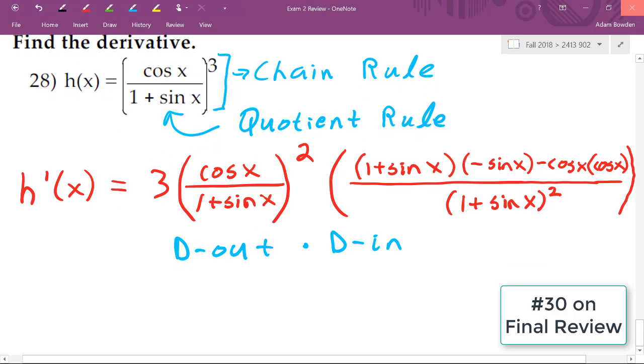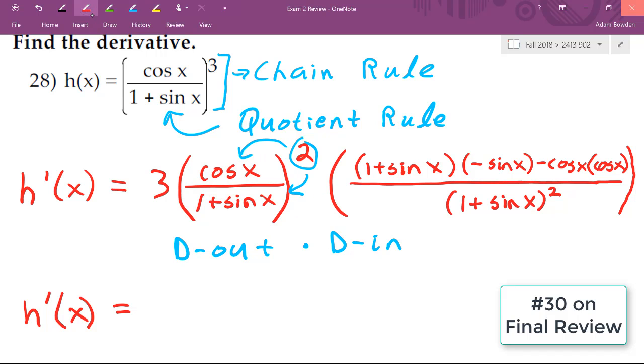Now, continuing from here, we'll continue to rewrite it. One thing that's a convenient thing to do at this step, take the second power that's up here and bring it down to both the numerator and denominator.